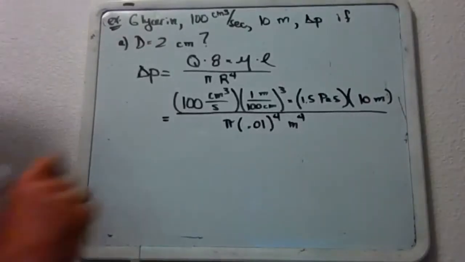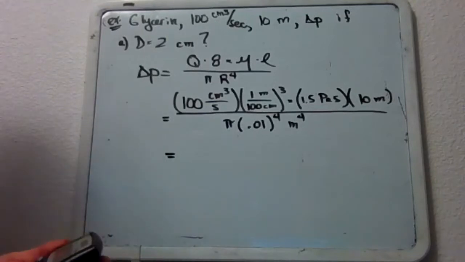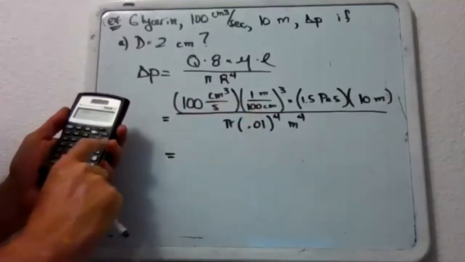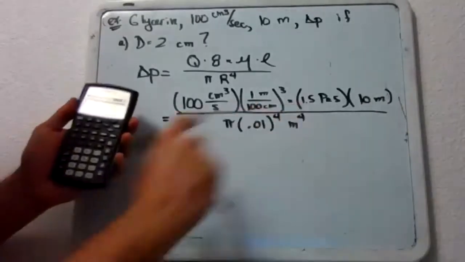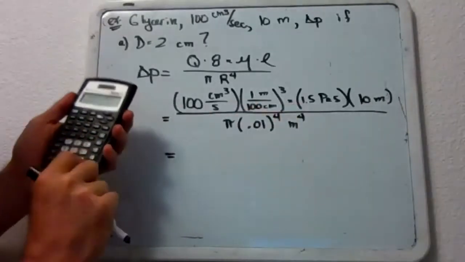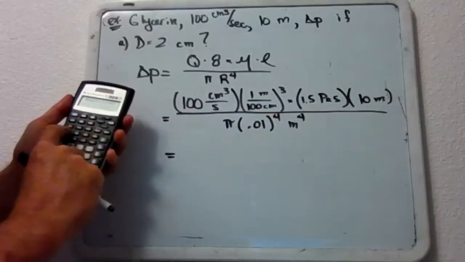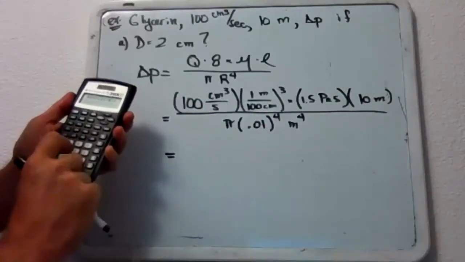Let me get it on my calculator and see if I match what you get. So 100 there, divided by 100 cubed, getting a small number, times 1.5, times 10, divided by pi, divided by 0.01 to the fourth.